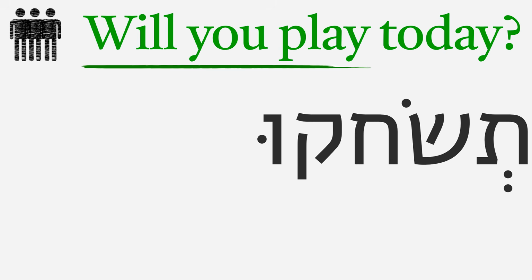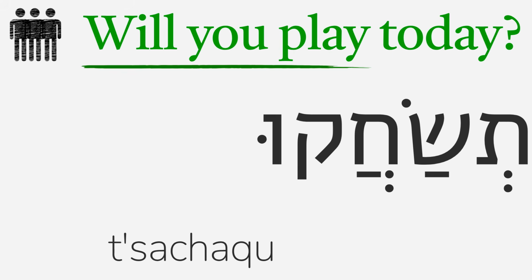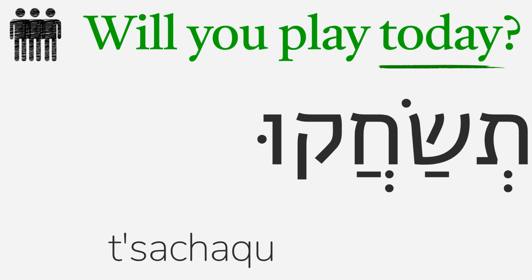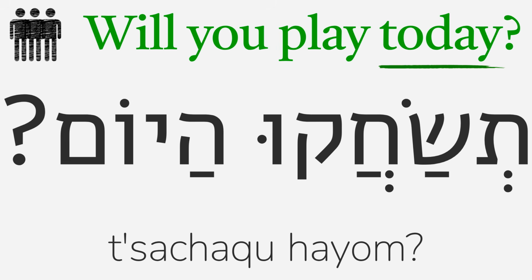The vowels on these root letters are supposed to be a patach and shva, but if the second root letter is aleph, ein, chet, or hey, that shva will instead be a patach shva, making the verb tasachaku, will you play. Today is hayom. Tasachaku hayom, will you play today?